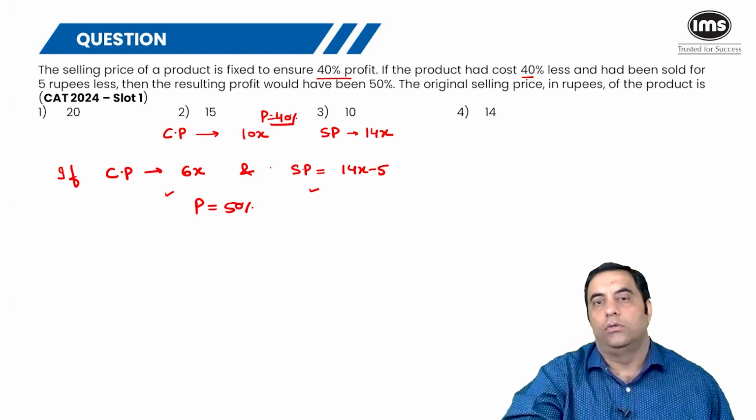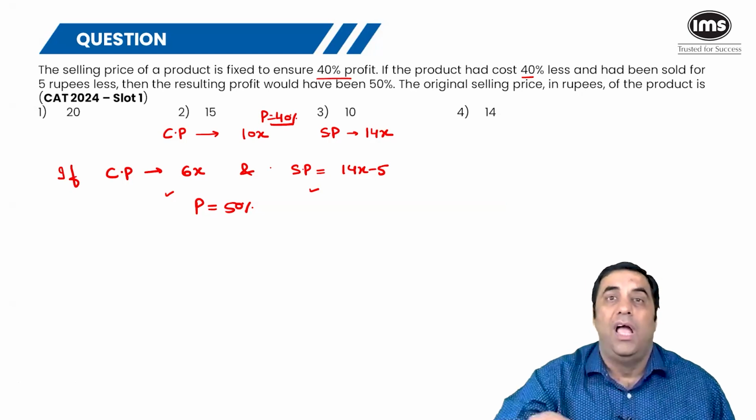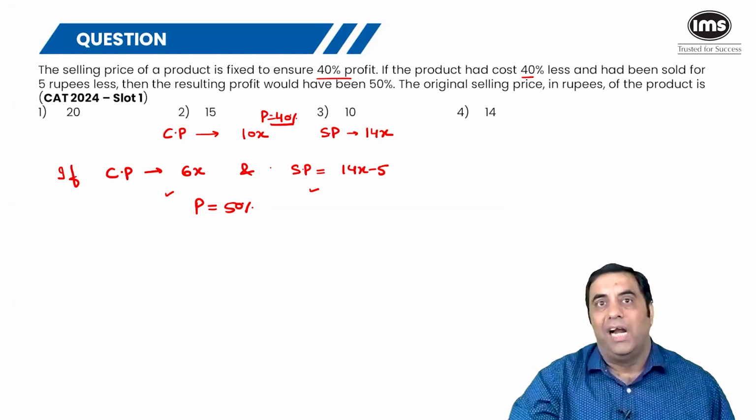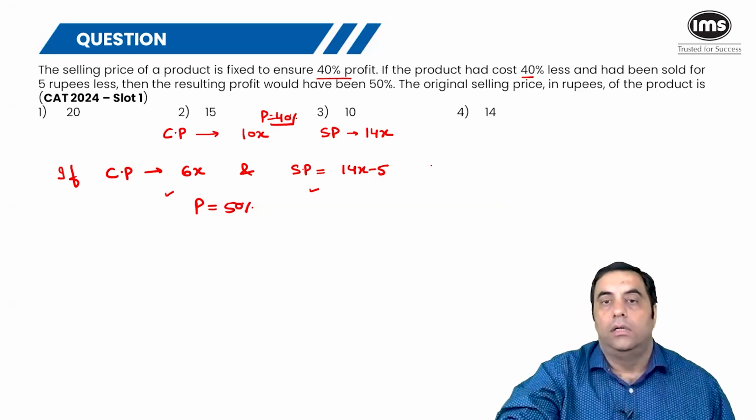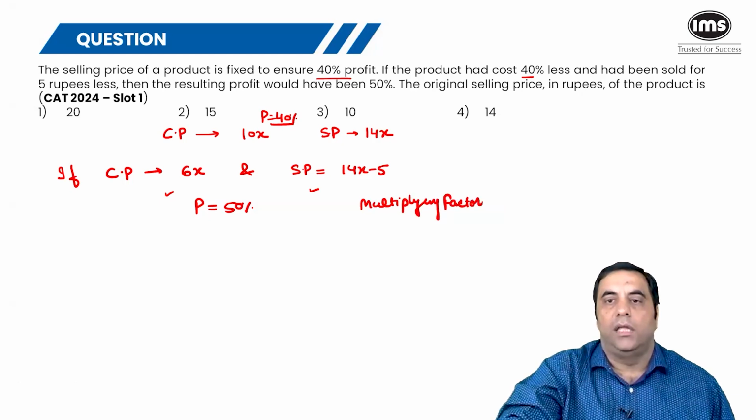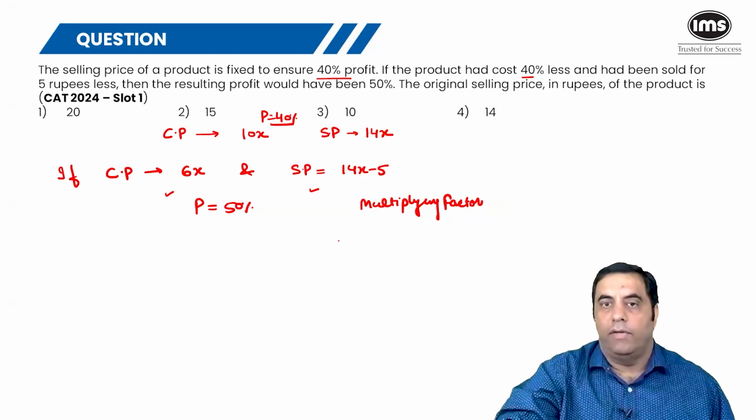Since I know the cost price, the selling price, and that the profit is 50%, I usually recommend that you try and visualize, and next time also inculcate that habit. Just learn the art of the multiplying factor, which is nothing but final value upon initial value.